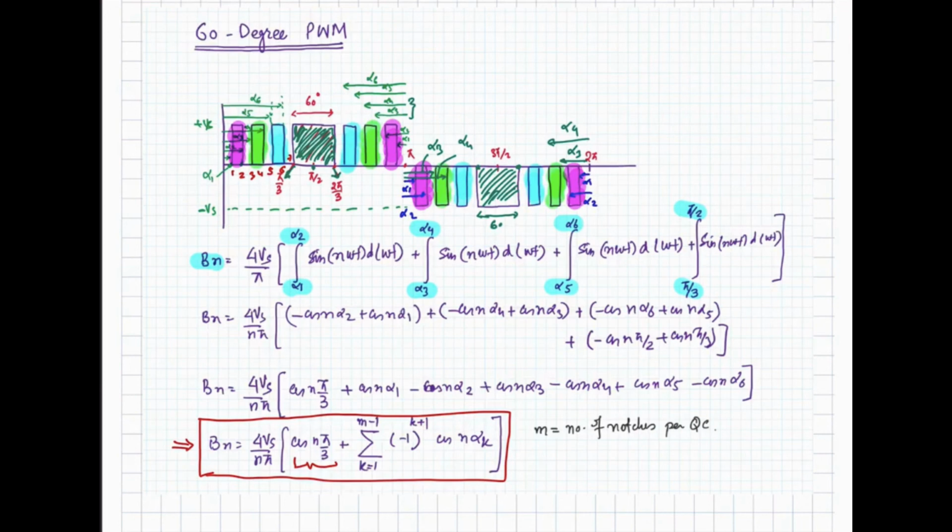you can cancel out a particular set of harmonics from the spectrum of this voltage waveform. So if I summarize this lecture, in this we have discussed how we can cancel different sets of harmonics from the inverter output voltage by introducing the edges or the notches per quarter cycle. That may be a bipolar inverter, may be a unipolar inverter, there may be an even number of edges or an odd number of edges.